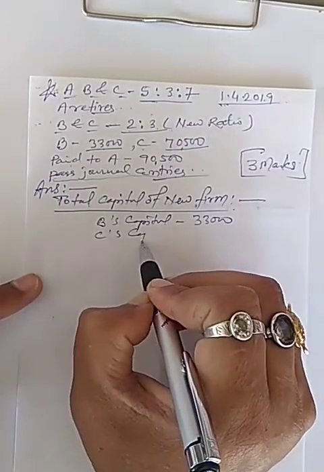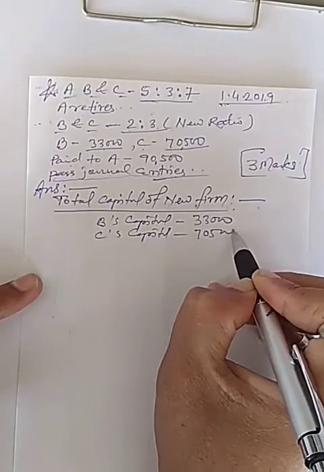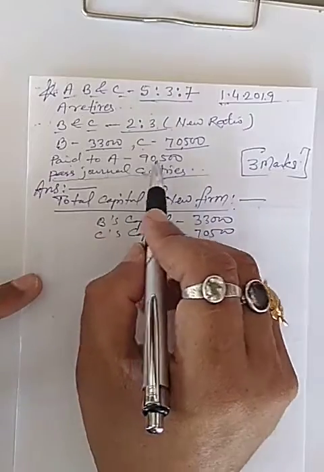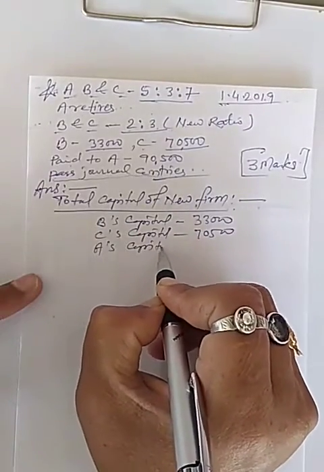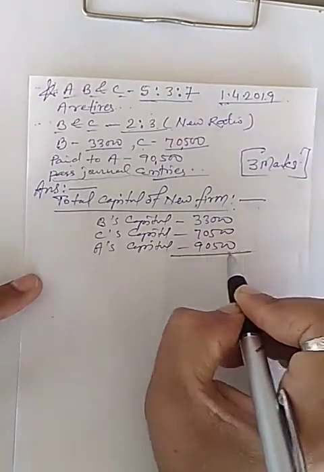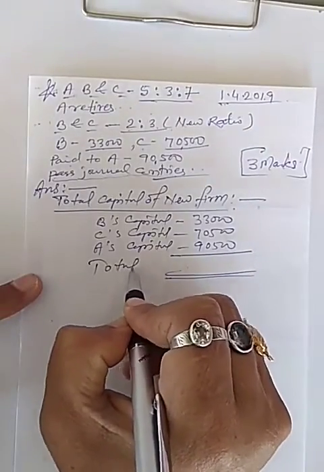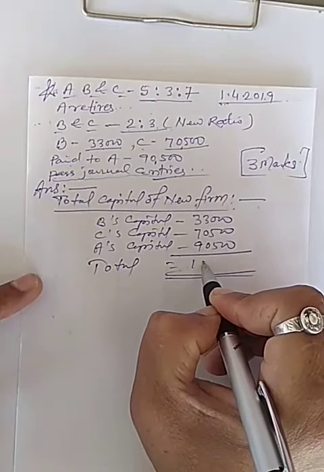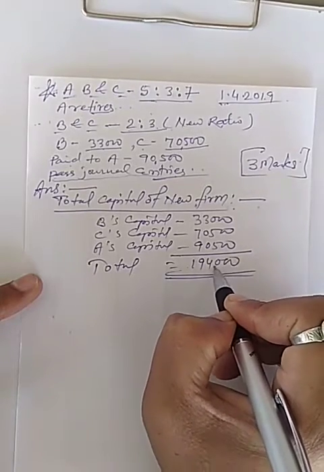C's capital is also given, 70,500, and paid to A 90,500. So the total will be 1,94,000.